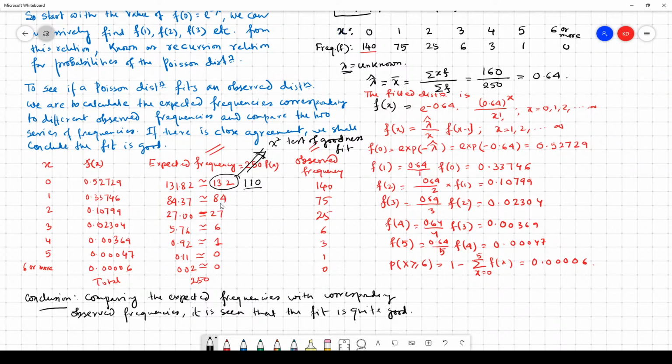If instead of 84, suppose it is 90, again this is not good. So it is on the basis of your observations whether this fitting is good or bad. But for an appropriate conclusion, you need to test this. This is called the chi-square test for goodness of fit.